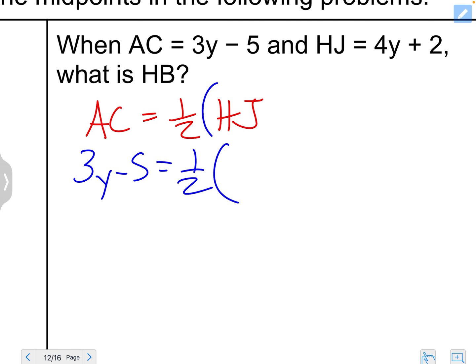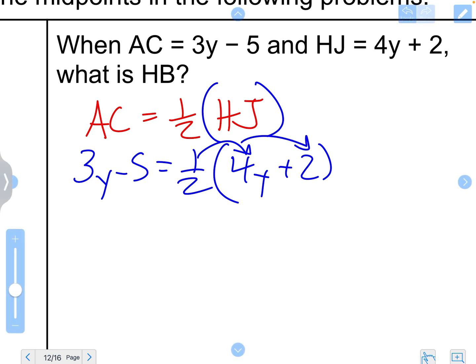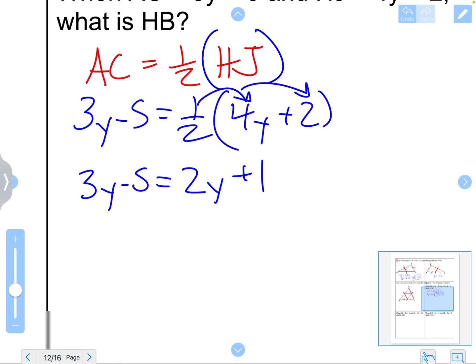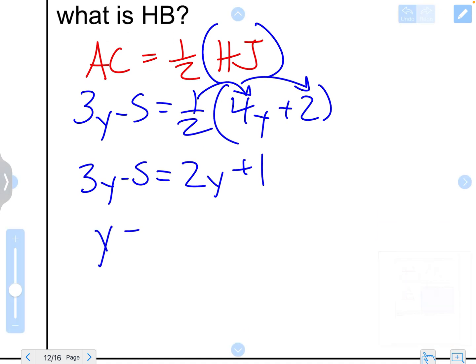Now, real quick, whatever HJ is, we're going to put it in parentheses because we need to distribute this 1/2 to both of those terms. And I'll always remind you guys that multiplying by 1/2 is the same thing as dividing by 2. So 4 divided by 2 is 2, and 2 divided by 2 is 1. So we subtract the y's, we add the 5, and so y equals 6.